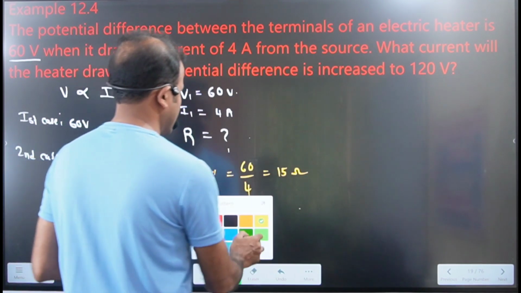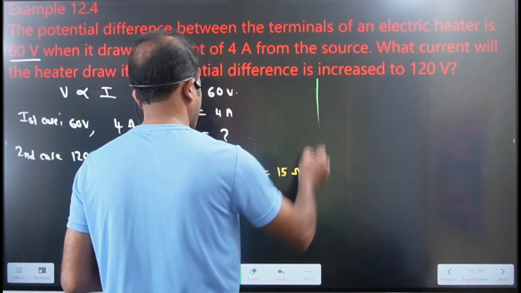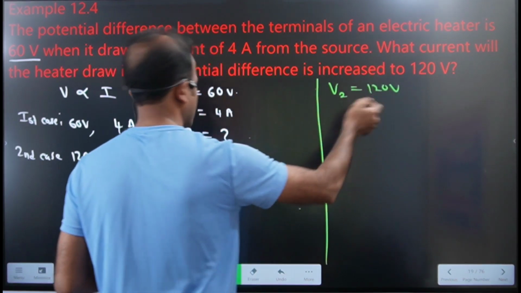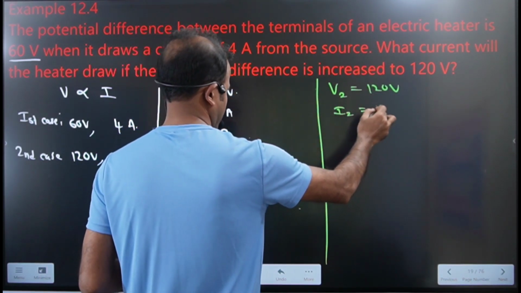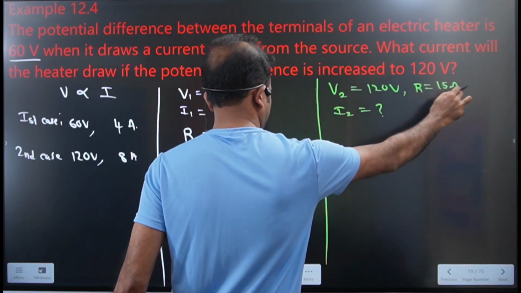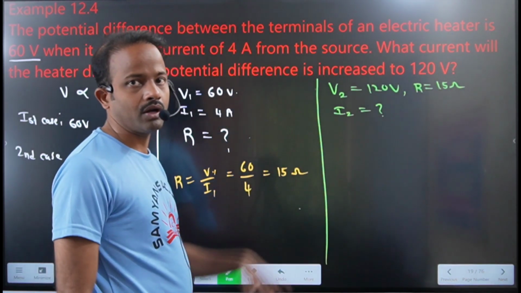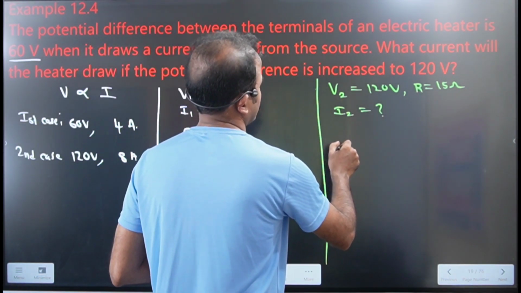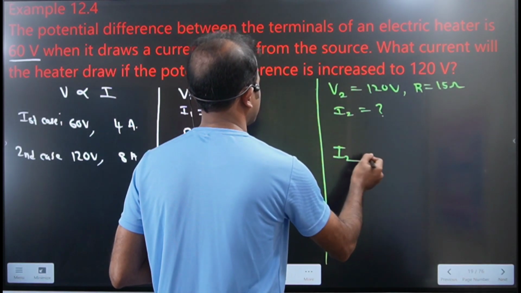Okay, now in the second situation, the voltage increases to 120 volts. Means voltage increases to 2 times. Then what is the current value? Then the resistance you have to consider here is how much? 15 ohm. So in this case, you have to find the I2 value. How much current is drawn?